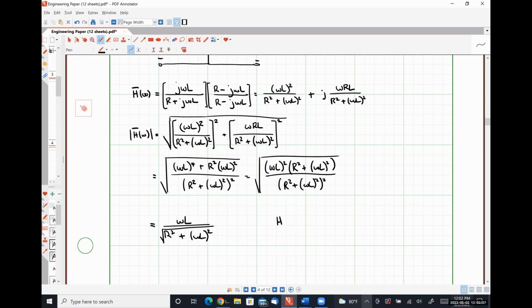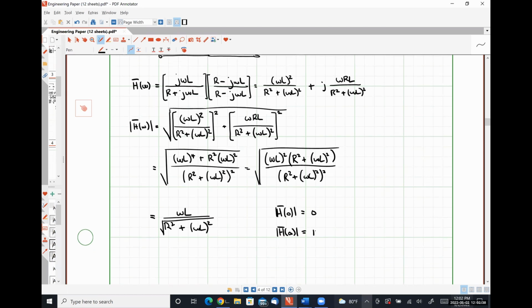So if we evaluate this at 0, we get 0. If we evaluate this at infinity, we get, exactly right. My stylus will write for me.